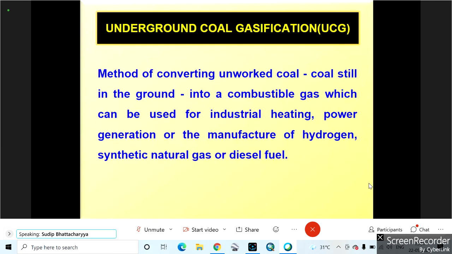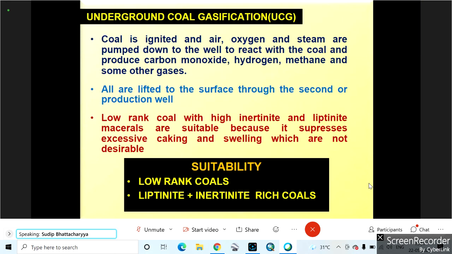Another thing is associated with it. It is called UCG, underground coal gasification. I am not going into that detail. Those who are interested in this unconventional source of energy, just 2 months back I published a paper in Springer Nature.